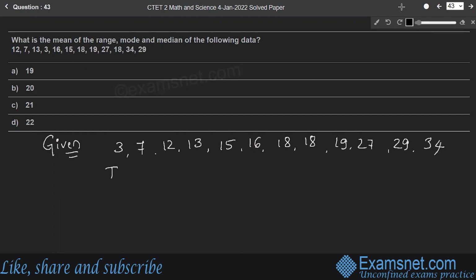So total number of observations n is equal to, there are 1, 2, 3, 4, 5, 6, 7, 8, 9, 10, 11, 12. 12 observations. So let us come to the first term, mode.